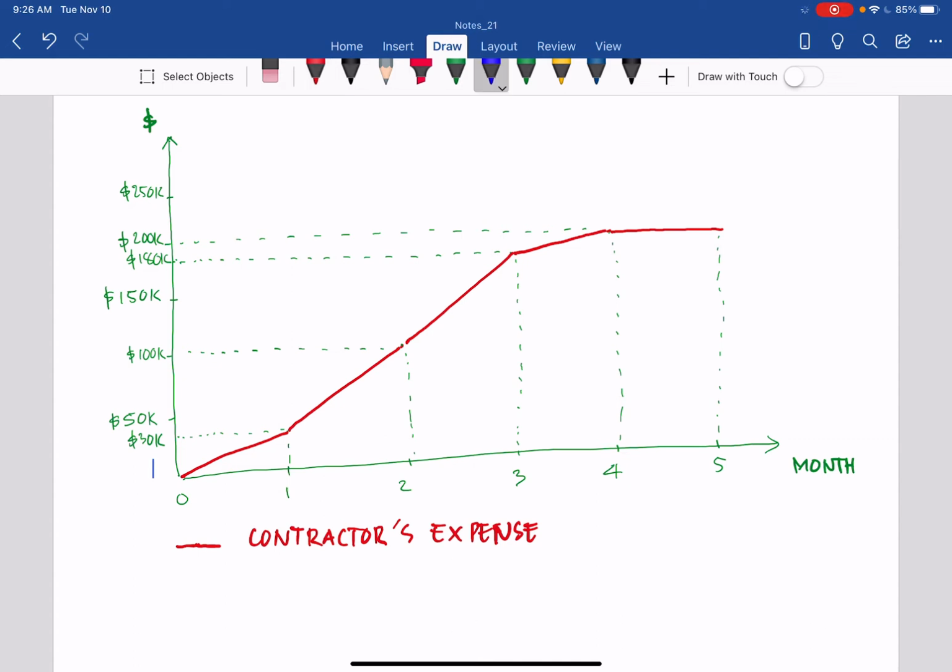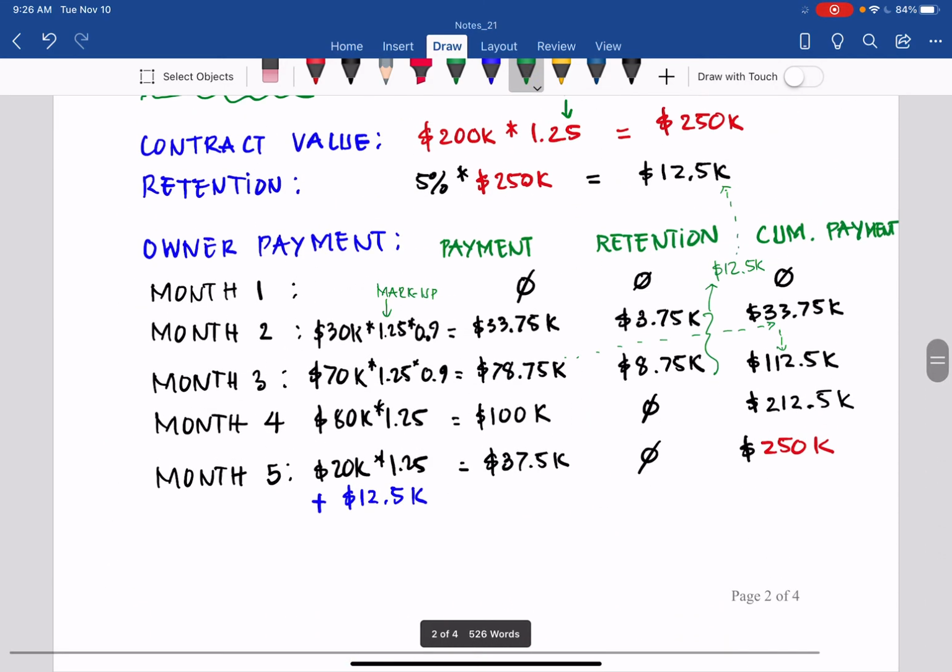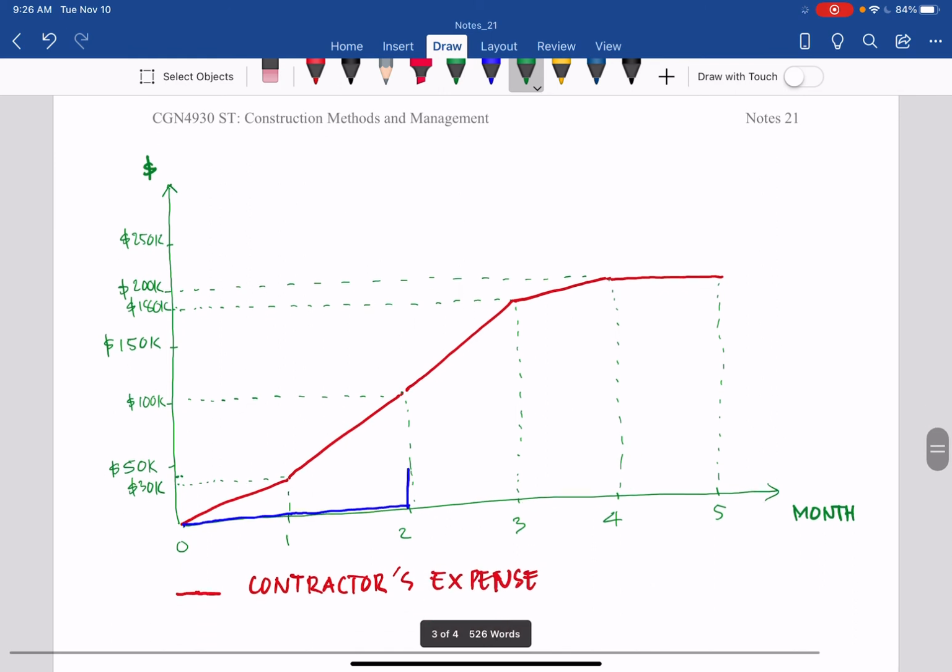Second month, because nothing was spent, and then at the end of month 2, the owner paid 33,750, so it will go up here, and the amount is 33,750.